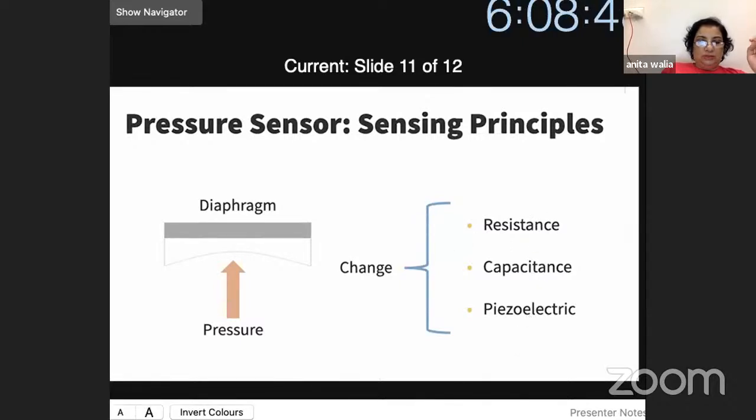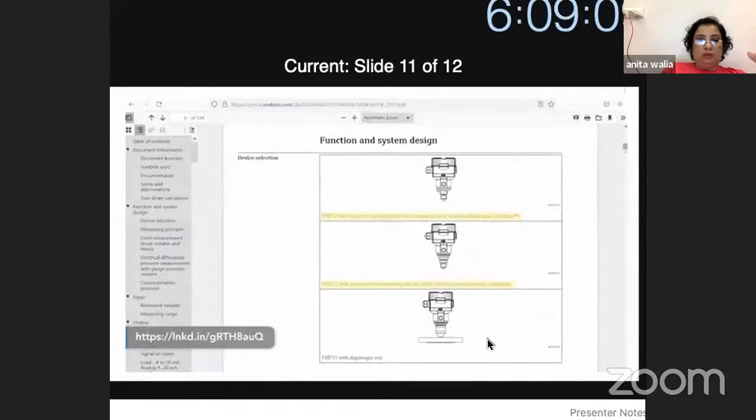So these are certain applications based on sensing principles, which will be put into the data. This data will come and be analyzed: what kind of pressure it is, and what action has to be taken if the pressure is too high or too low. So that value comes. There are some examples here you can see. These are different kinds of pressure sensors.